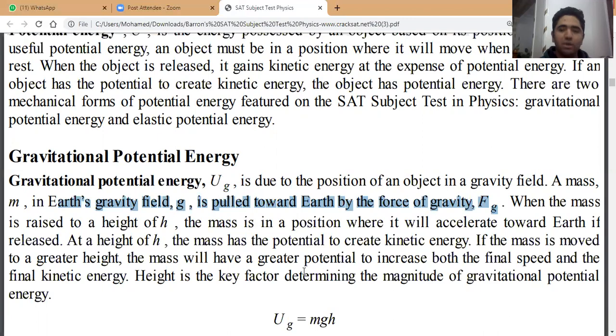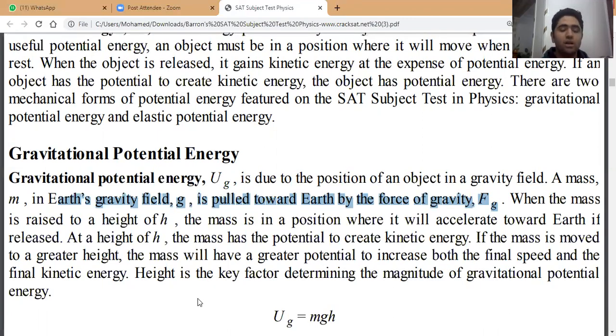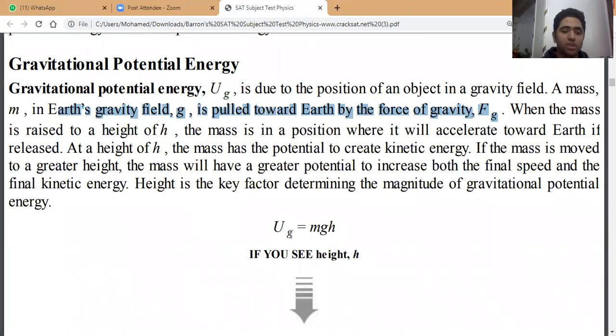So how do we calculate this potential energy? It is denoted by U of G, and it's mgh: mass times acceleration due to gravity, g, times h. Since this is SAT physics, g is going to be 10 meters per second squared.